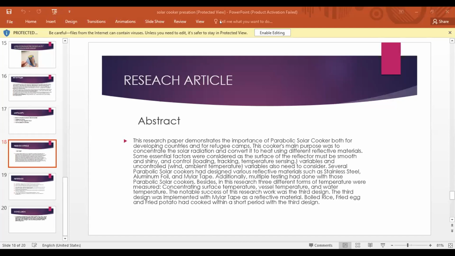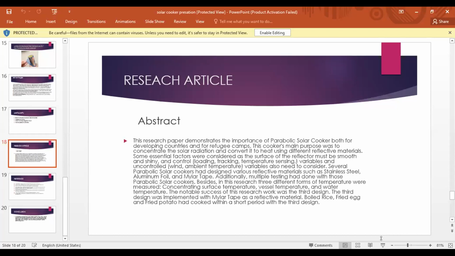The notable success of this research was the third design. They found out the third design was the best. The third design was implemented with mylar tape as a reflective material. With this one, it can boil rice, fry eggs, and fry potatoes within a short period of time.